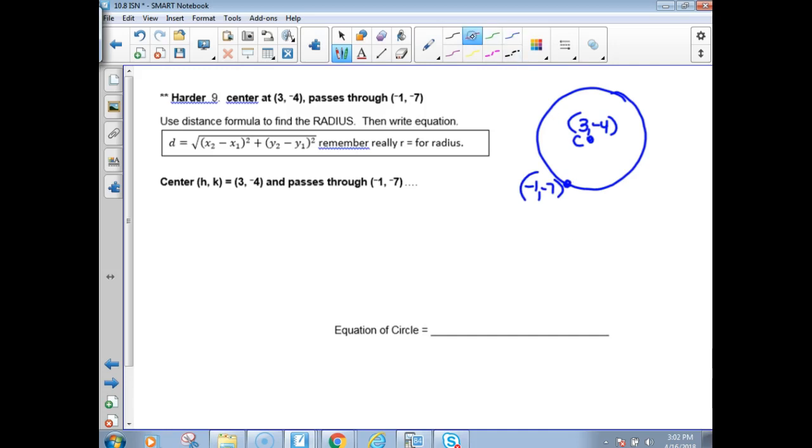If you connect the center to that point, what is it? What is this called? Radius. Okay, that's a radius. So you're going to use the distance formula to find the radius. So r is going to be the square root of... I don't really care what order you subtract as long as you're consistent.